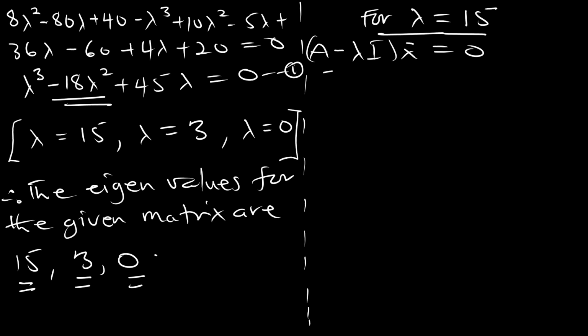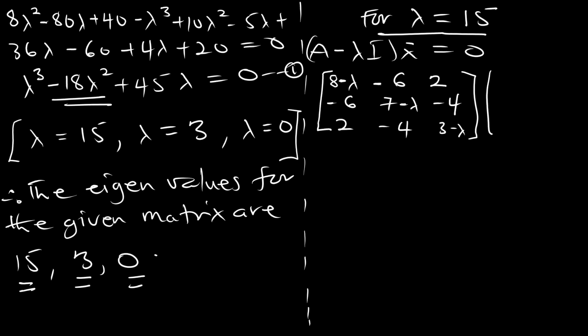Now we know the expression for A minus lambda I, and that is going to be 8 minus lambda, negative 6, 2, negative 6, 7 minus lambda, negative 4, 2, negative 4, 3 minus lambda.